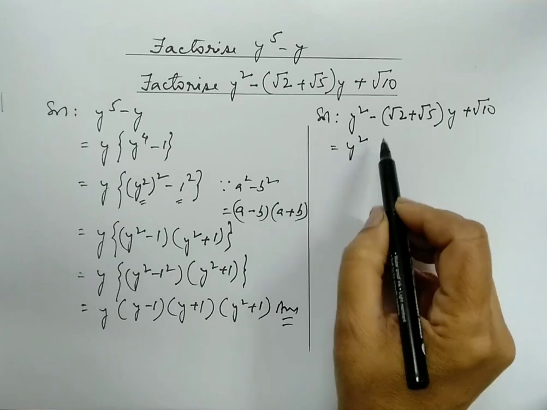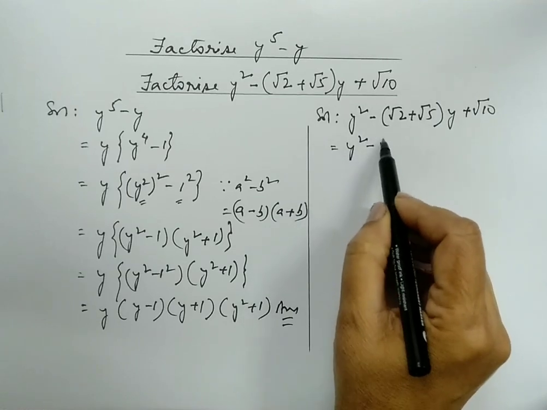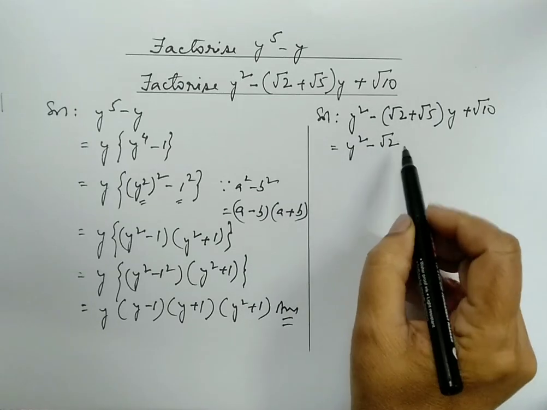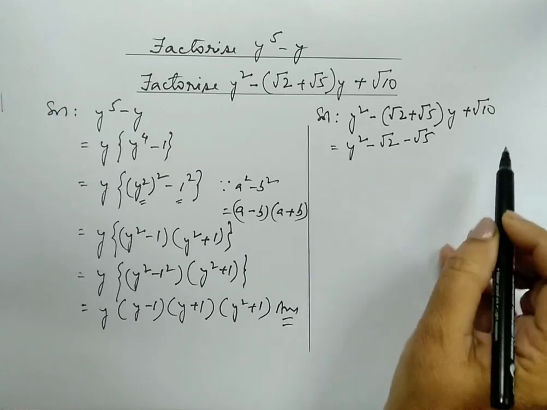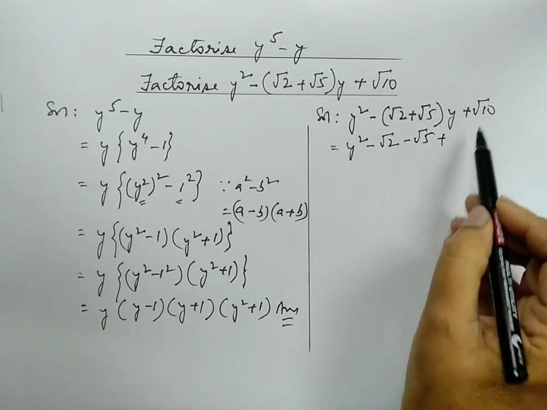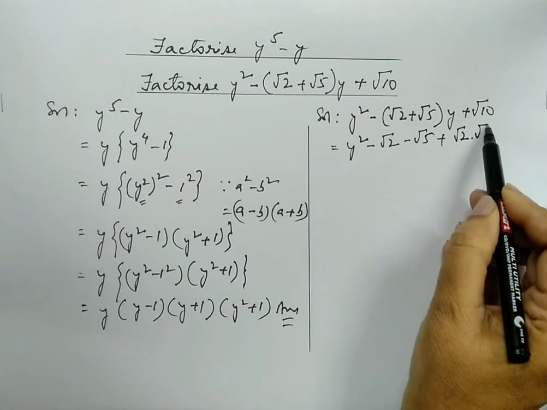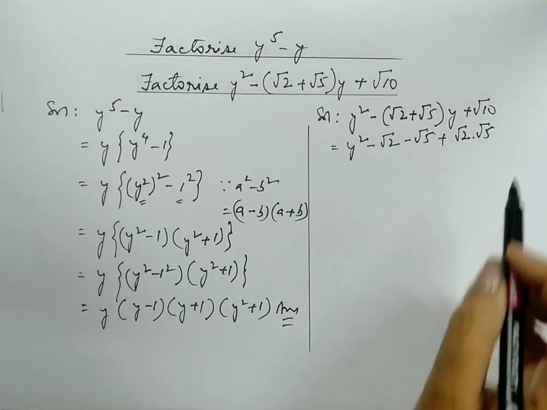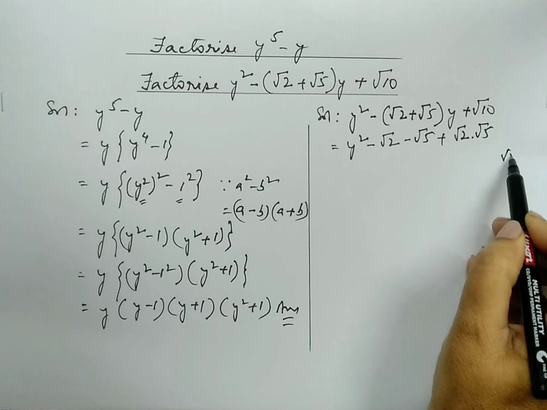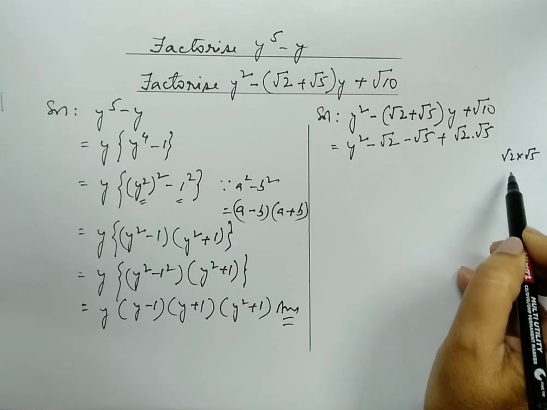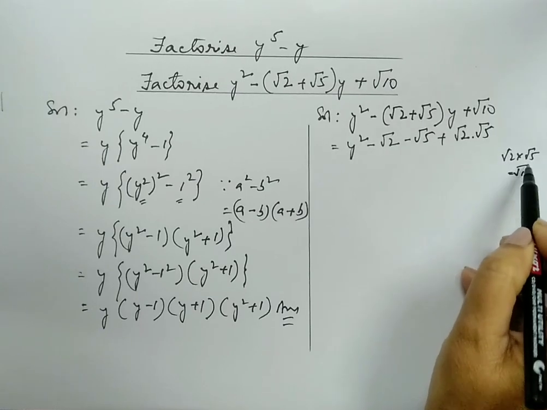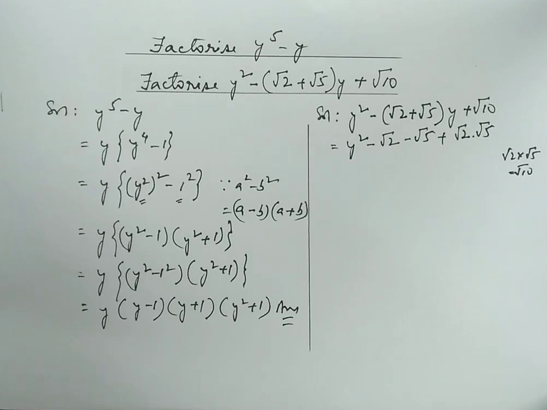How? y square, let's open this also. This is the first step that we take, minus root 2 minus root 5. And as for this, can we not write root 2 and root 5? Because we know that root 2 multiplied by root 5 is equal to root 10. Alright guys? Got it?